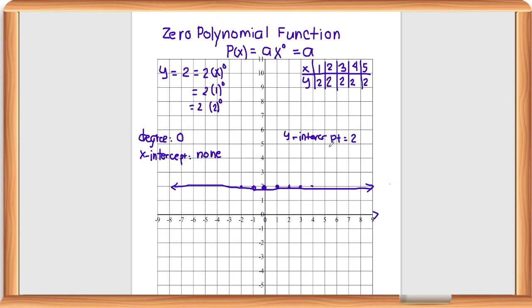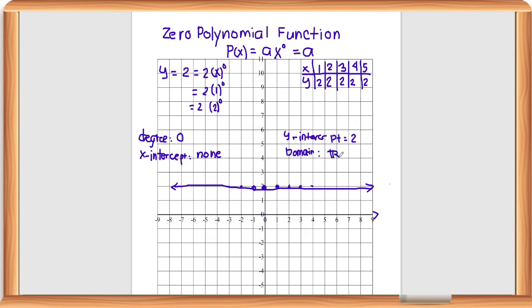And then, what is the domain? The domain is the set of possible values of x that will make this function true. As you can see, whatever x you put here, your y will still be 2. So therefore, your domain is all real numbers.